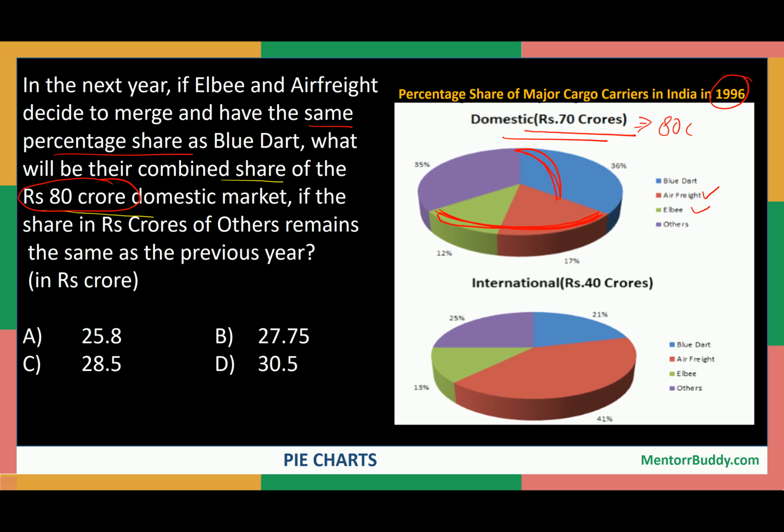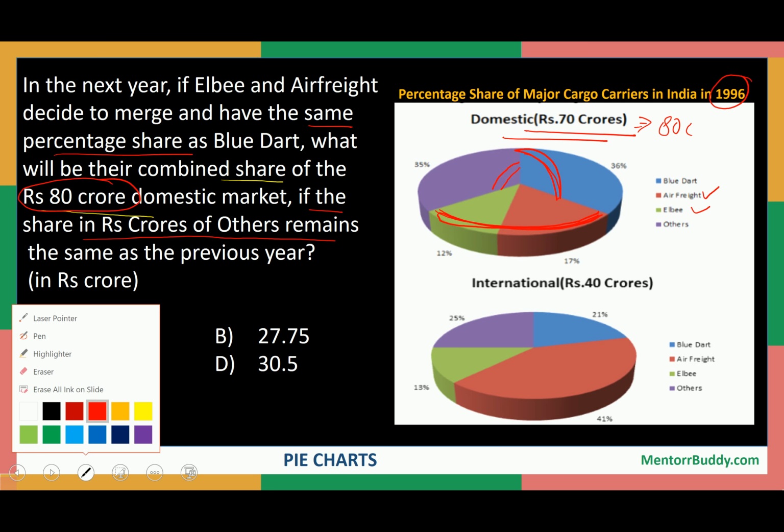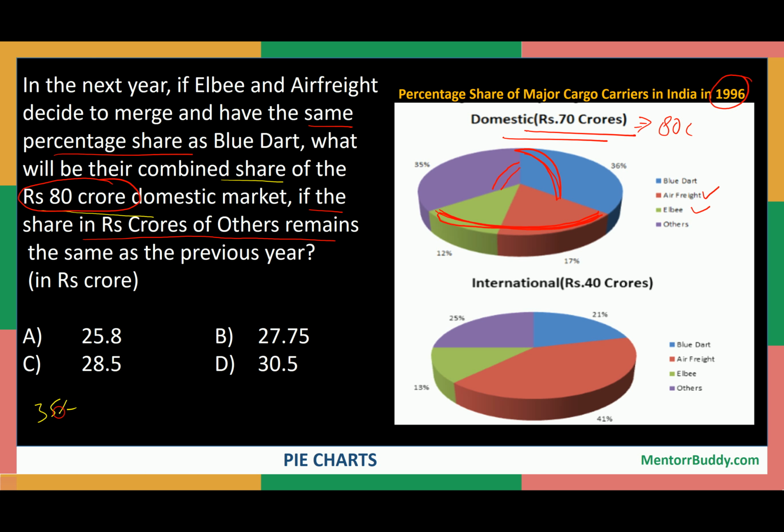And what will happen if the share in rupees crore of the others remains the same as the previous year? They are saying that the share of others will remain the same in rupees crore. It means first we need to find out 35% of 70 crore. 35% is 30% plus 5%, right?